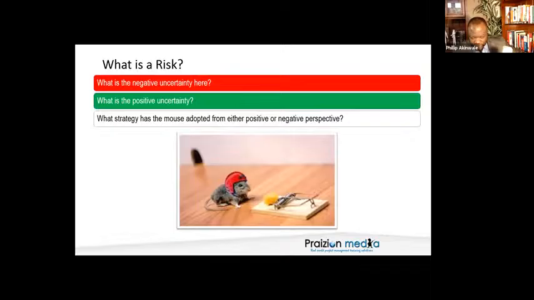I think we're still missing one. So I can see avoid, transfer, accept, escalate. Thank you very much. That is the one I'm looking for, Greg. Escalate.